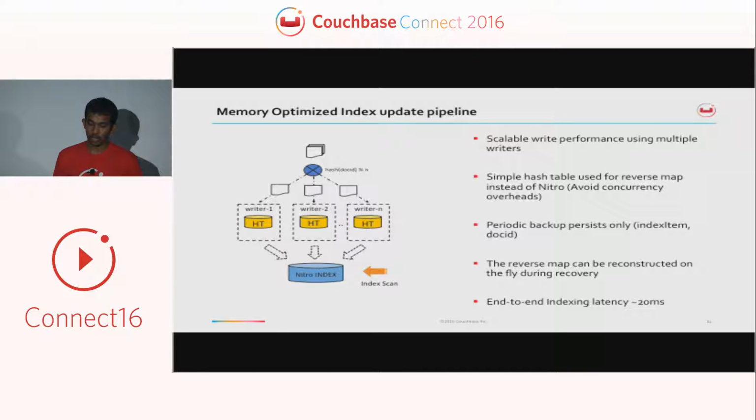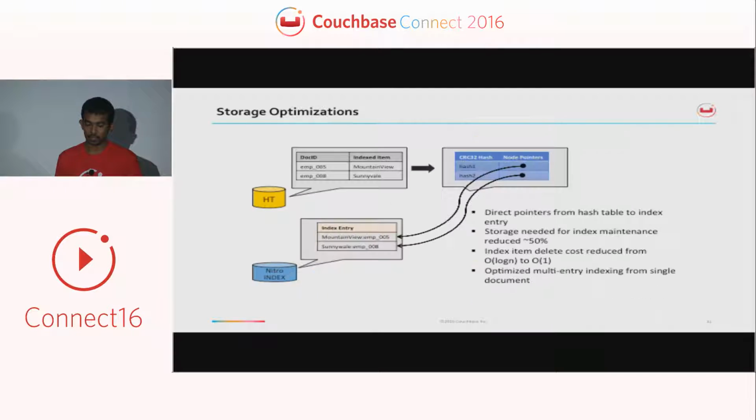That is the reason why we only persist one of the data structures, and all of them can be recreated during recovery. Also, a memory optimized index provides very low end-to-end indexing latency, which is 20 milliseconds, compared to our standard indexes, which is 200 milliseconds.